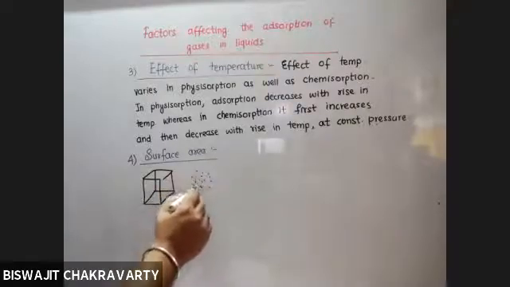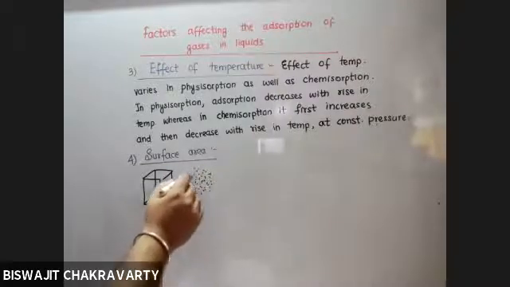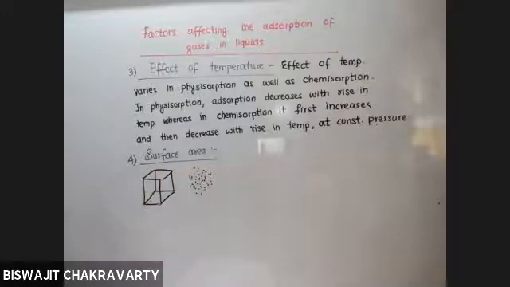Out of these two, where is the surface area higher, the first one or the second one? The second one, because the moment you convert it into powdered form, it has greater surface area, and so it can take in more adsorbate, and this is how we can increase the rate of adsorption.